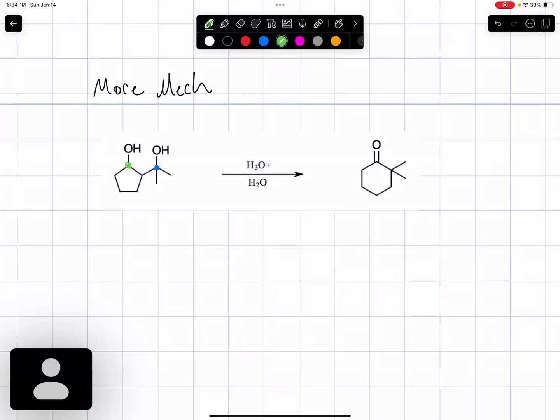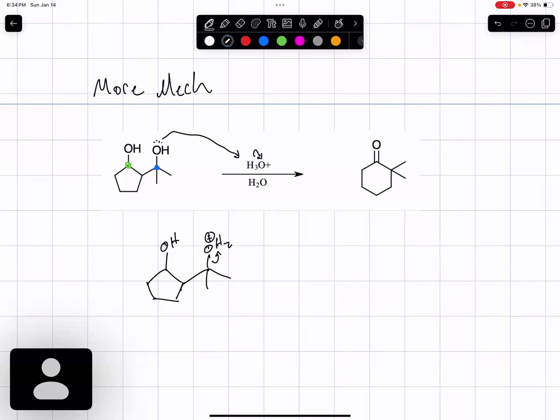Blue, right? Because it's not on the ring, obviously. So this gets protonated, right? Okay. Water leaves, right?